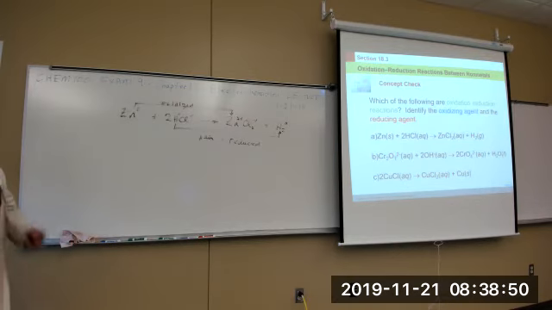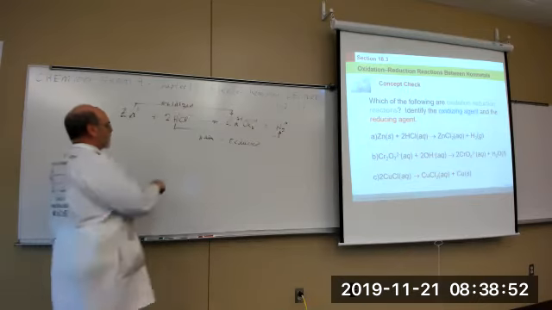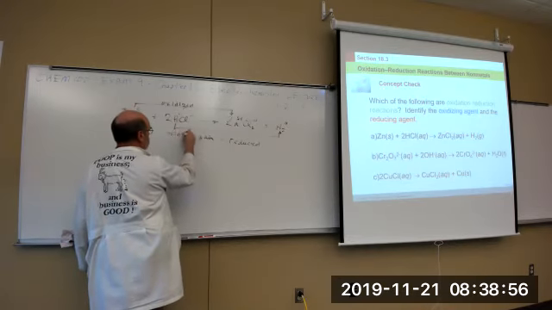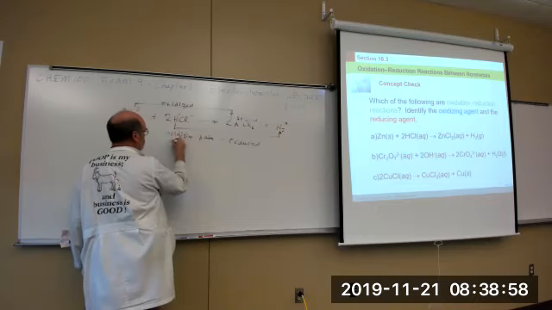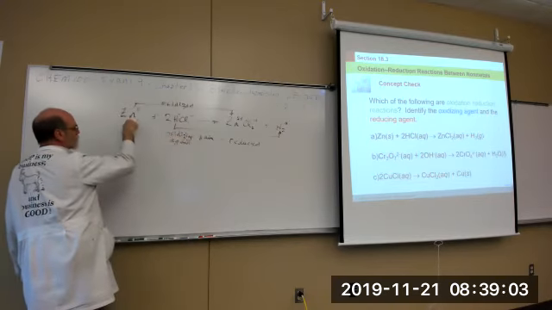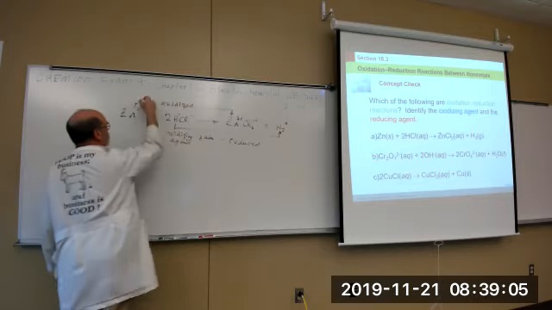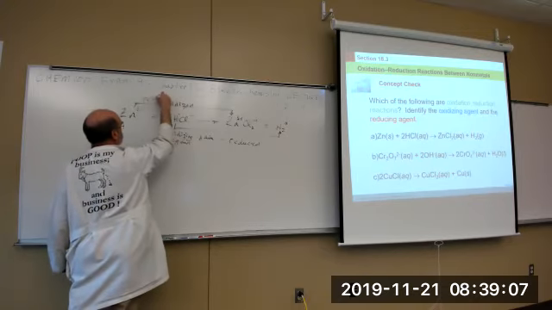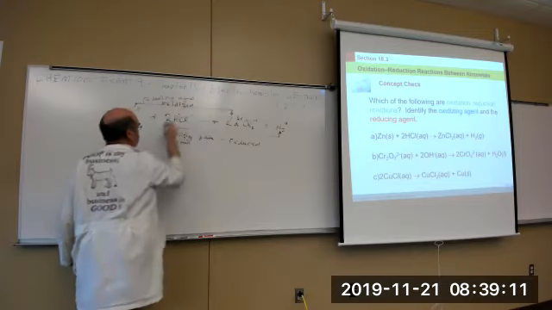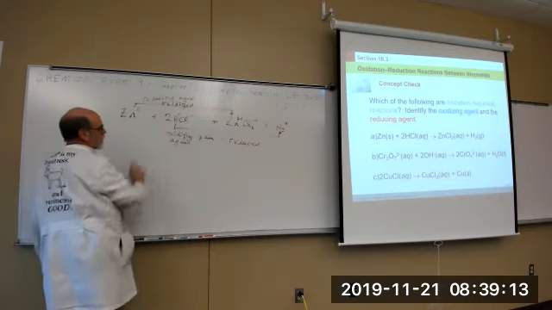Now which one's the oxidizing agent? This one is the oxidizing agent, because it caused the oxidation of zinc. And this one is the reducing agent, because it caused the reduction of hydrogen.